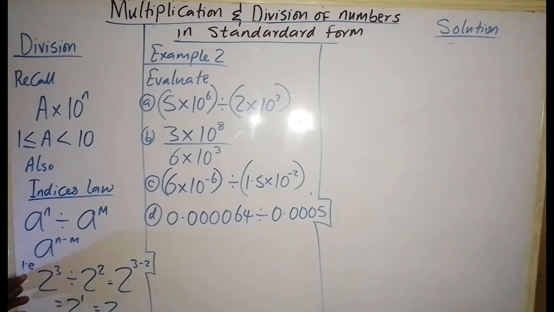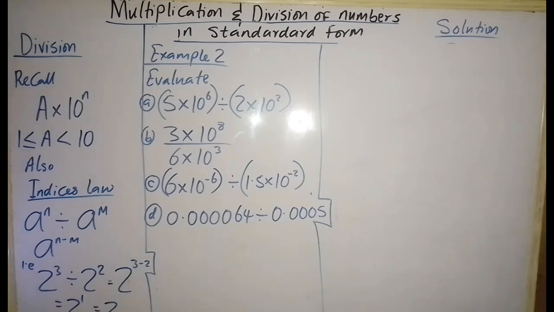Let's take this example with numbers. We have base 2 raised to the power 3 divided by base 2 raised to the power 2. Since their bases are the same, and the exponents, which are the integers, are different, we say base 2 raised to the power 3 minus 2. We subtract; in the division rule in indices, division changes to subtraction. So this will be base 2 raised to the power 3 minus 2, which will give us 2 raised to the power 1.